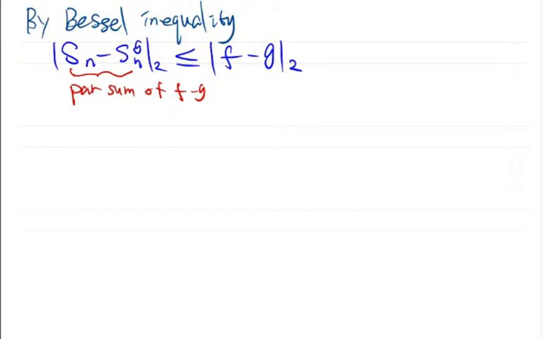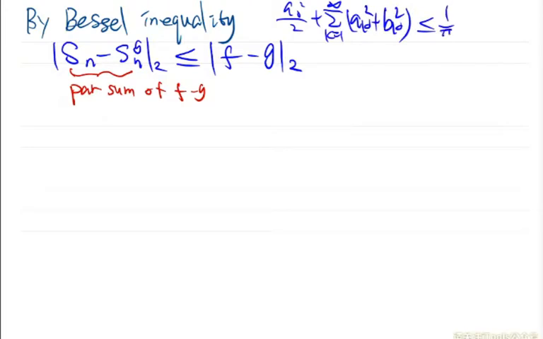The Bessel inequality means that a0 squared plus the sum over k from 1 of ak squared plus bk squared is not greater than the integral from minus pi to pi of f squared. This is precisely the square of the L2 norm. So even if you sum from 1 to infinity, you will not be greater than the L2 norm.